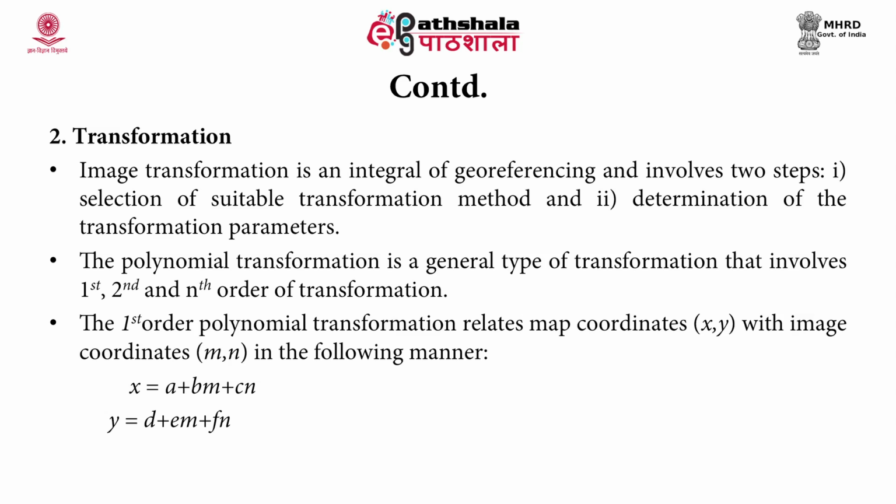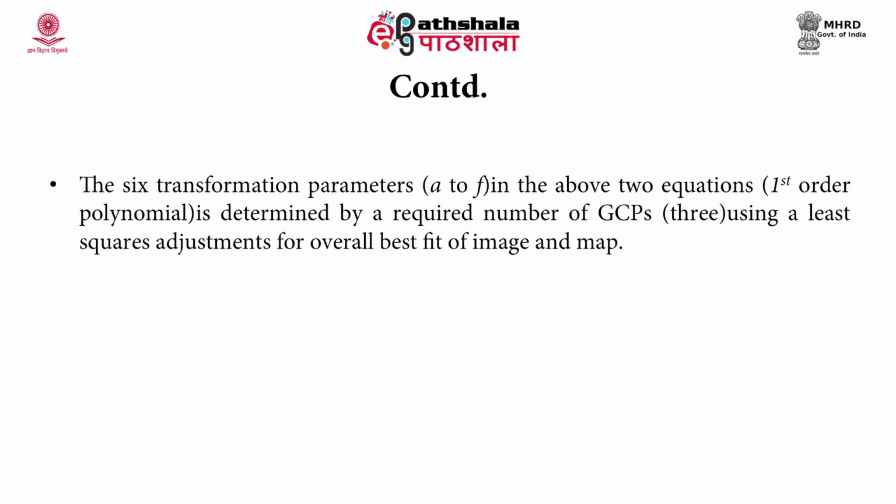For example, if map coordinates are x and y and image coordinates are m and n, then x is equal to a plus b m plus c n and y is equal to d plus e m plus f n. The 6 transformation parameters a to f in the above equations are determined by a required number of ground control points using a least squares adjustment for overall best fit of image and map.